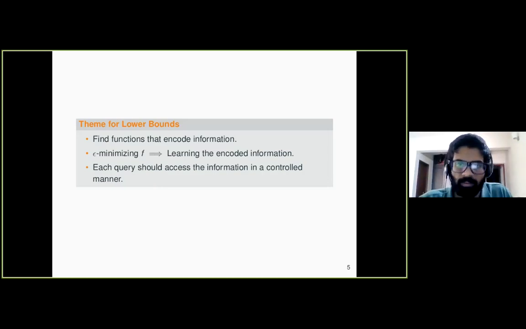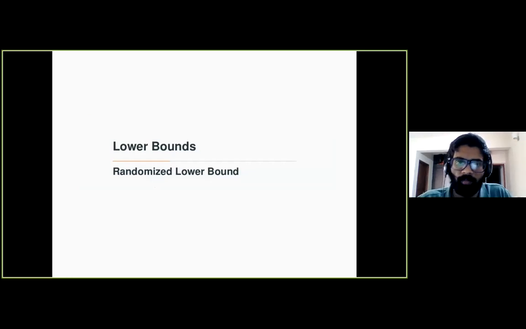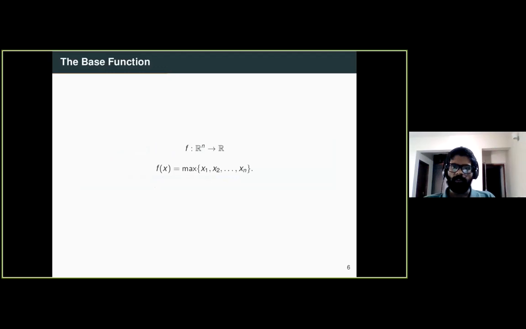Now let's instantiate for the randomized case. So we're going to start with a really simple function. It takes an n-dimensional input, and its output is just the maximum coordinate among x1, x2 till xn. This function is really simple to analyze.